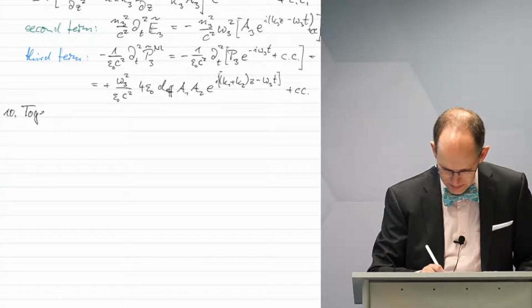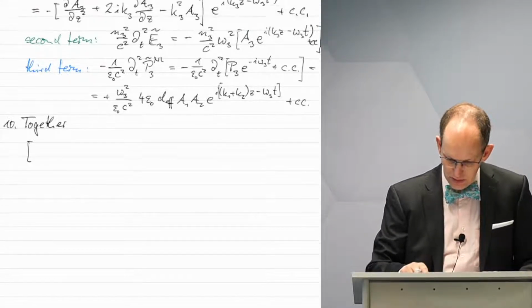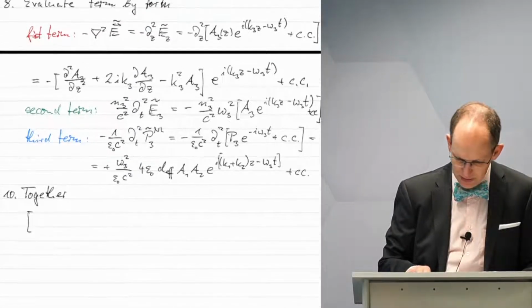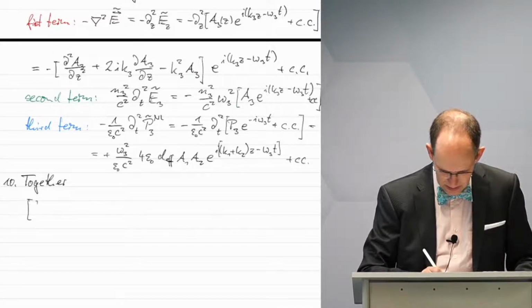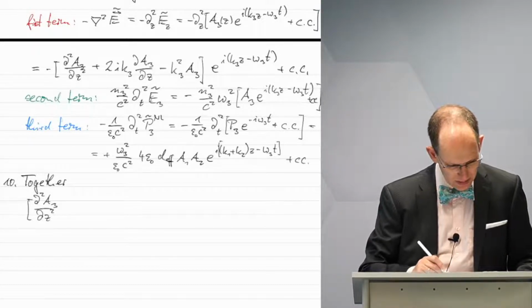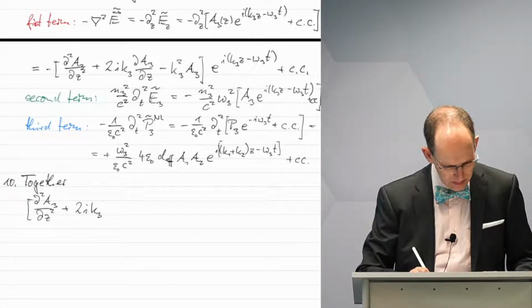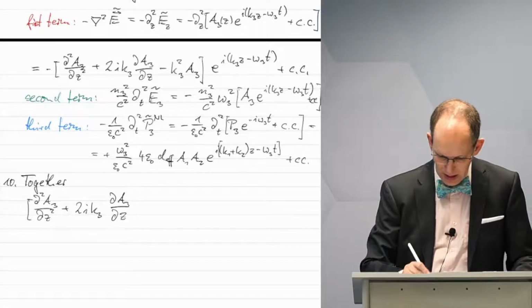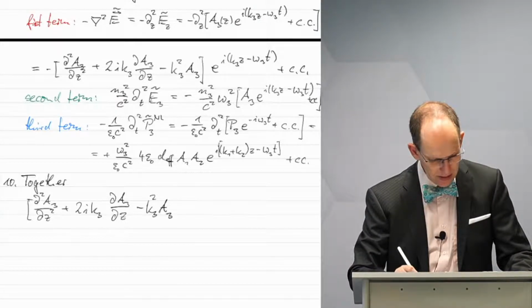So together, from the first term, we have the second derivative of a3 over dz squared, then plus 2i k3 times the first derivative of a3, and then k3 squared times a3.